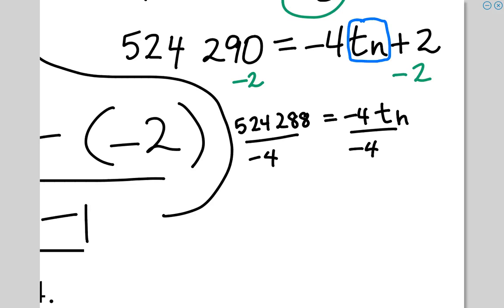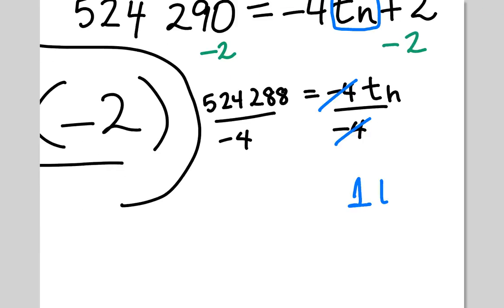Dividing by negative 4. Why do we divide by negative 4? Yeah, this has to be identical, right? Identical so that when it divides, you get 1 Tn. That's what you want on the right, positive 1 Tn. So you have to divide by the identical coefficient on both sides.